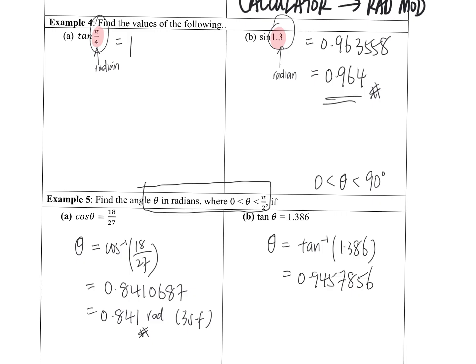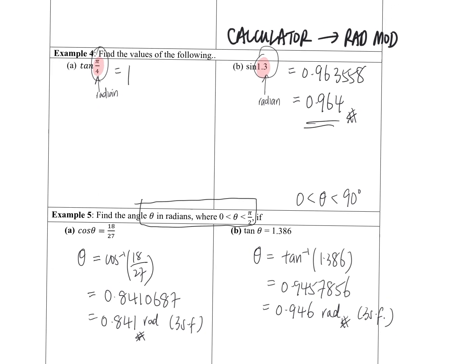I went here and then pressed 1 and then 2. The answer is 0.946 to 3 SF. So remember your unit is rad, 3 SF. These are the simple conversions. Make sure you know how to convert them.